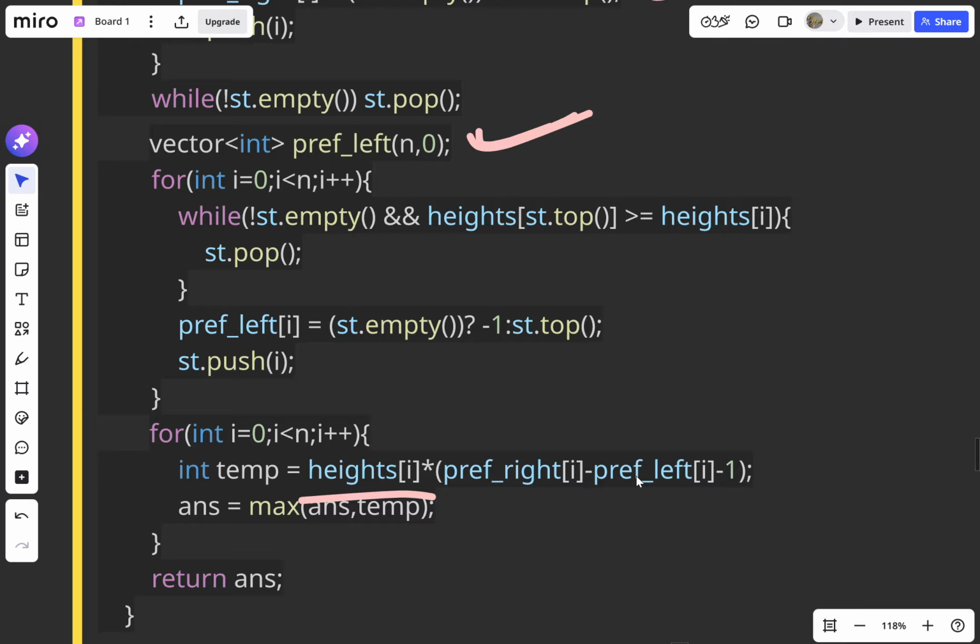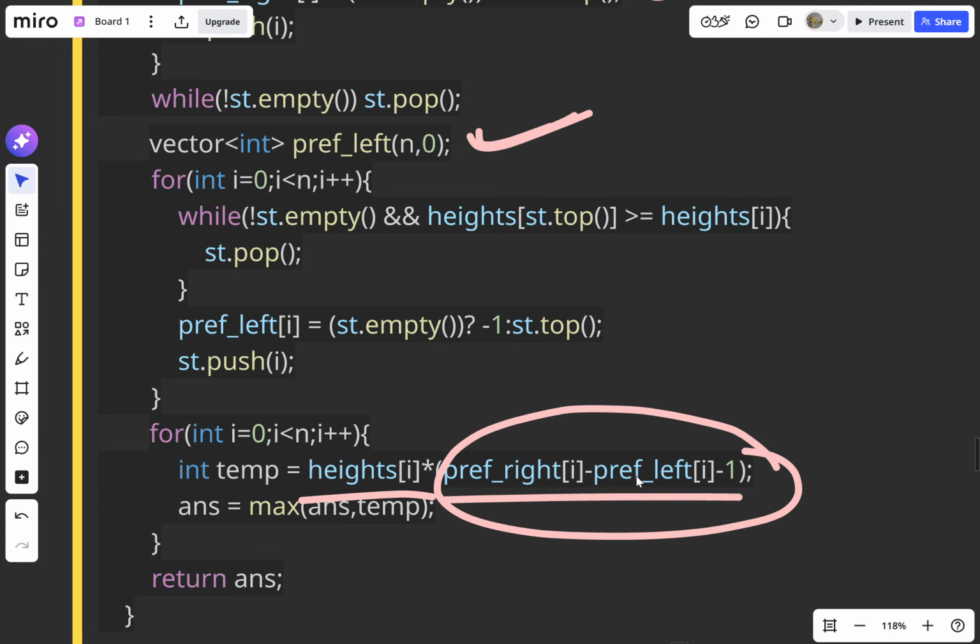So we will get the left and right, and we can figure out the length of that row having a height greater than or equal to the current column. In this way we get heights of i into prefix of right minus prefix of left minus 1.